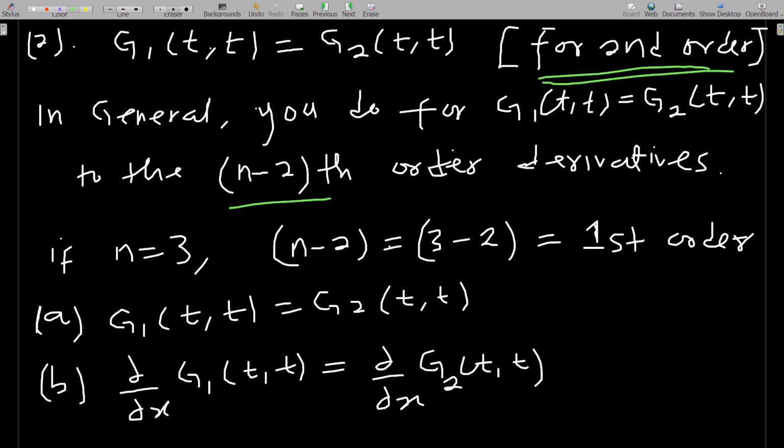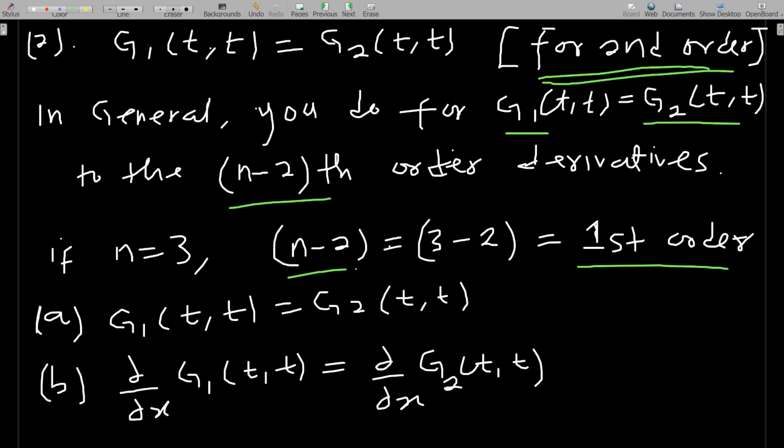I said that what we are doing is specifically a second order BVP, but let's consider a case where we have a third order. Then n minus 2 gives me what? Just first order derivatives. So n minus 2, that is 3 minus 2, which is first order.